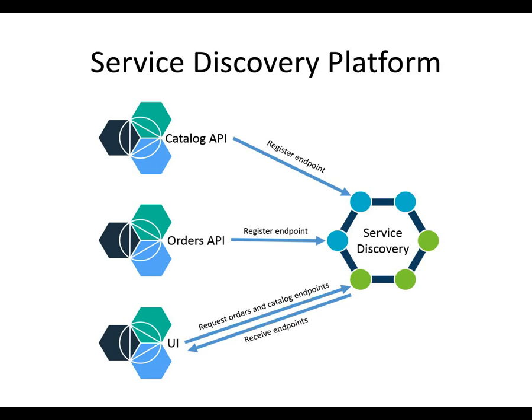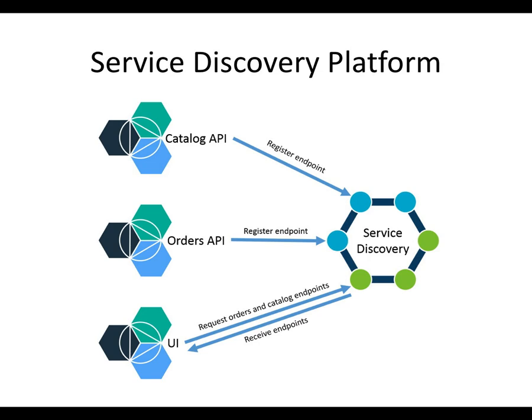When the catalog API starts up, one of the first things it does is reach out to this service discovery platform and register itself and say, here I am, I exist, I'm a catalog API, this is where I'm located. It provides that to the service directory, the service discovery platform.